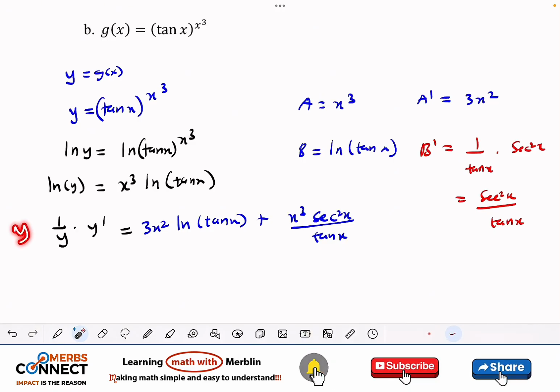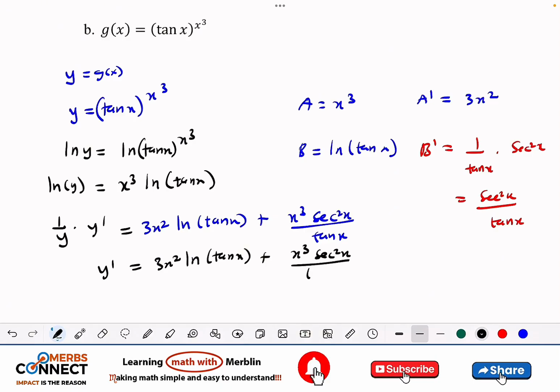So I'm going to multiply this one by y and the whole of this too by y. So I'm going to have y prime equal to 3x squared natural log of tan x plus x to the power 3 sec squared x divided by tan x, all times y. So finally, this is what I'm going to get.